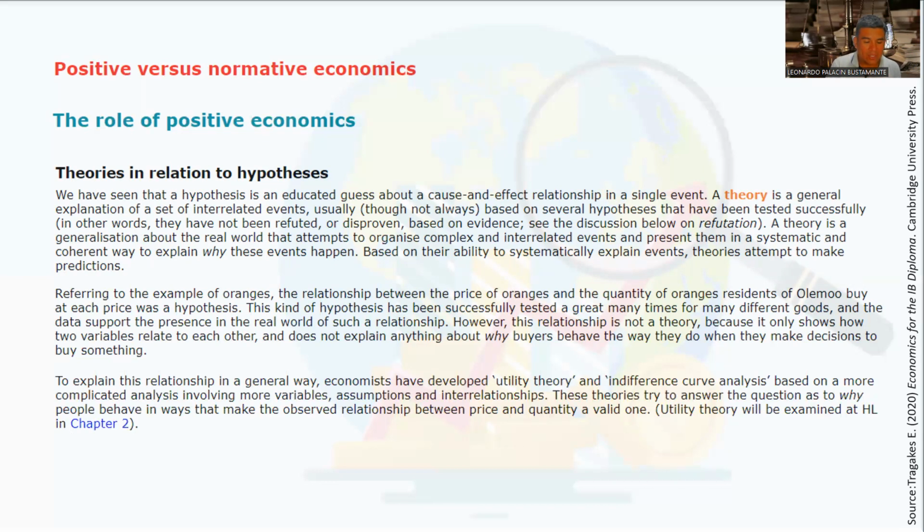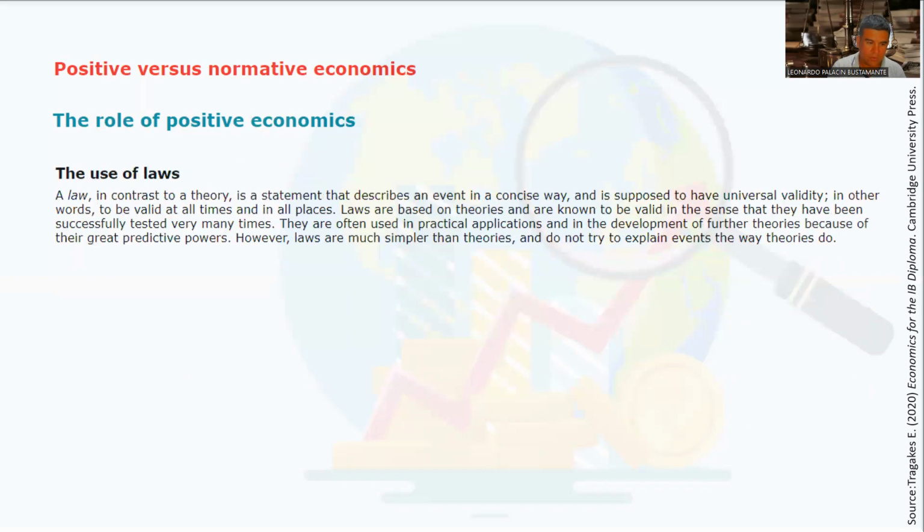So to explain this relationship in a general way, economists have developed utility theory and indifference curve analysis, and they are based on a more complicated analysis involving more variables, more assumptions, more interrelationships. These theories try to answer the question as to why people behave in ways that make the observed relationship between price and quantity a valid one. Utility theory will be examined only at higher level, HL, in chapter 2.